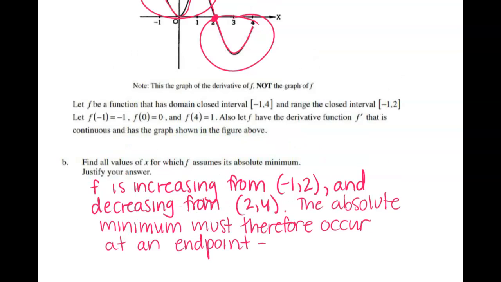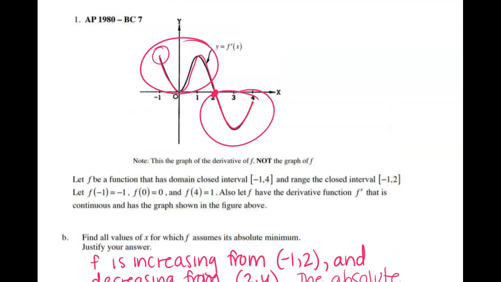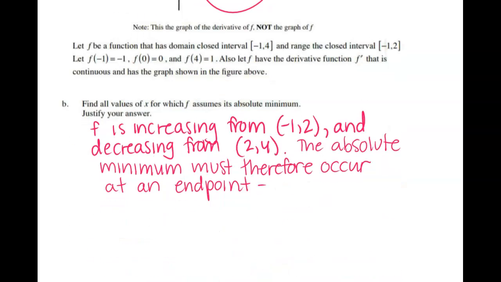So either x equals -1 because f starts increasing from there, or at 4 because it stops decreasing there. So at an endpoint, x equals -1 or x equals 4.